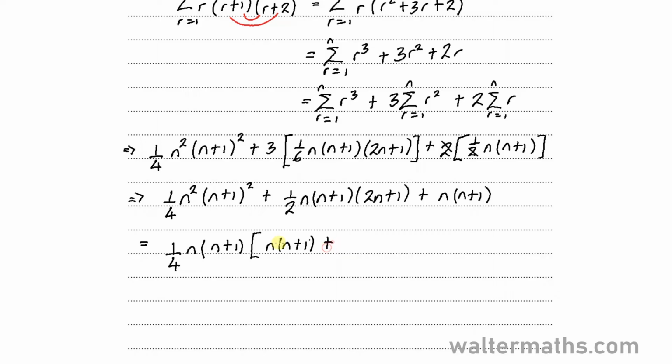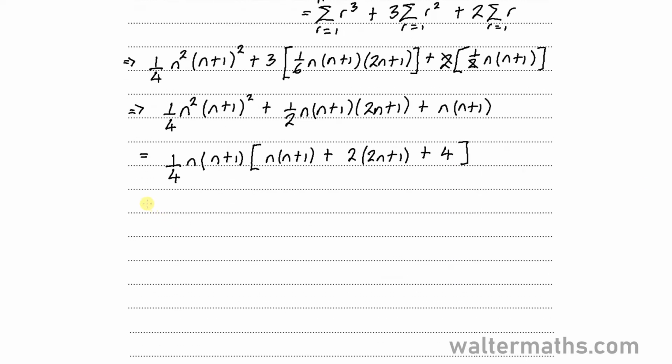And plus, dividing a quarter into half of (n + 1) of (2n + 1), we get 2 of (2n + 1) remaining. And plus, dividing a quarter of (n + 1) into this last term, we will only get 4. So this is what we have, and we can continue simplifying.